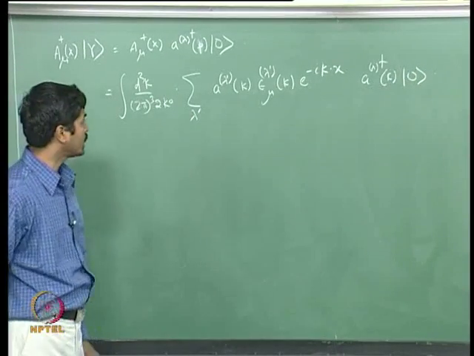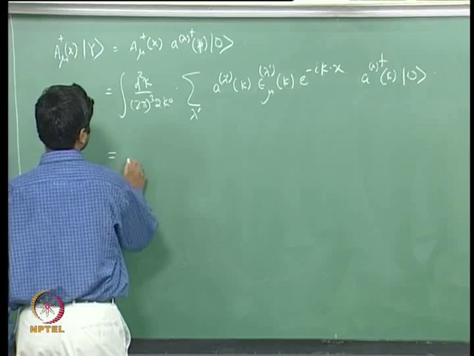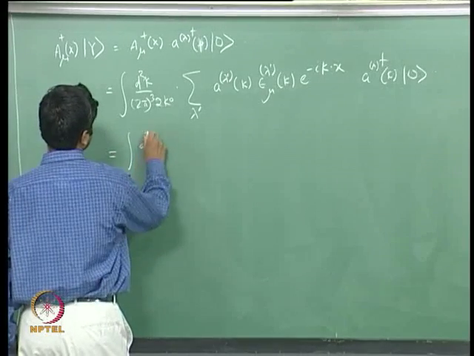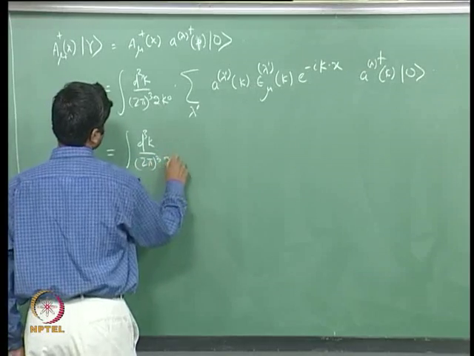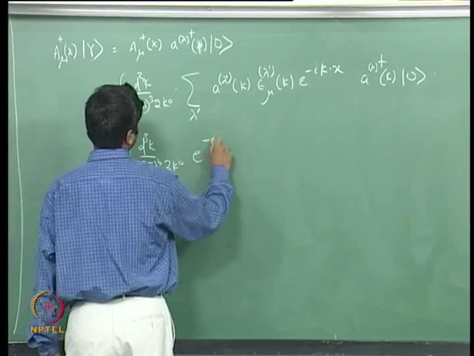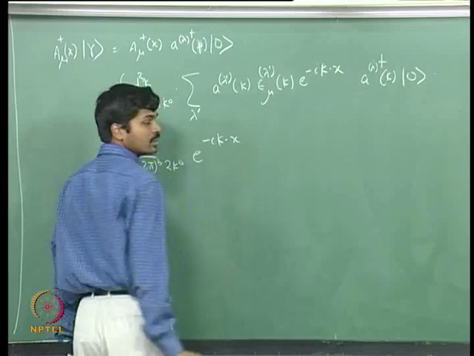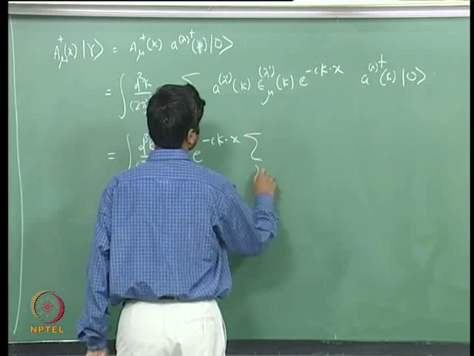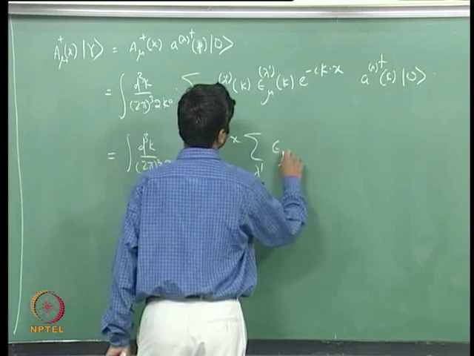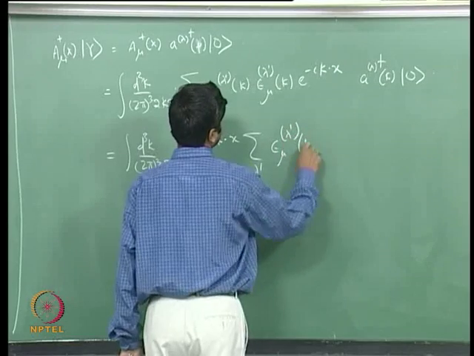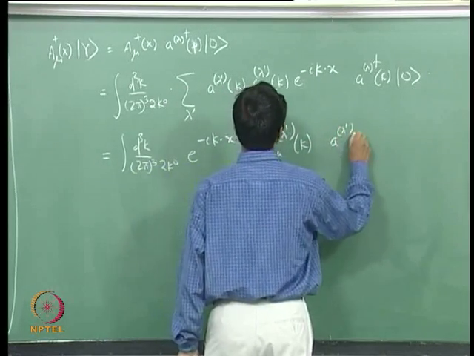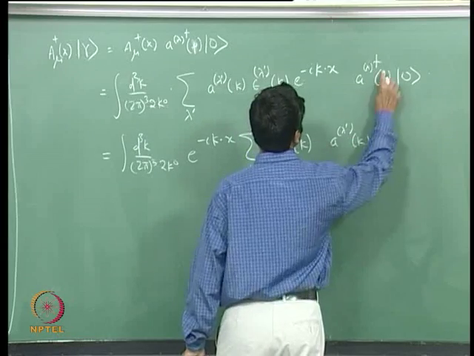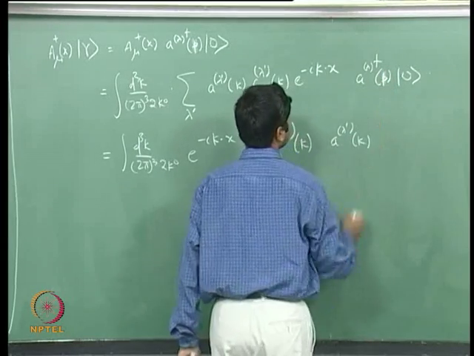So, let us rearrange the terms. So, this is the integration d^3k over (2π)^3 2k0 e^{-ik·x}, and then the sum over λ' ε_μ^λ'(k) a_λ'(k) a_λ†(p).